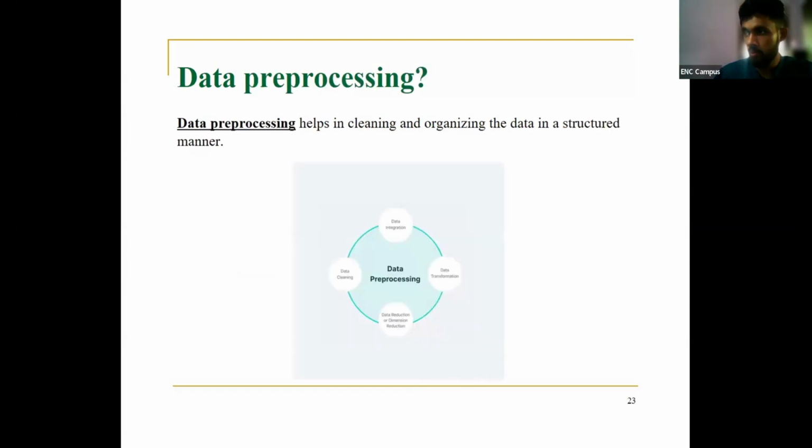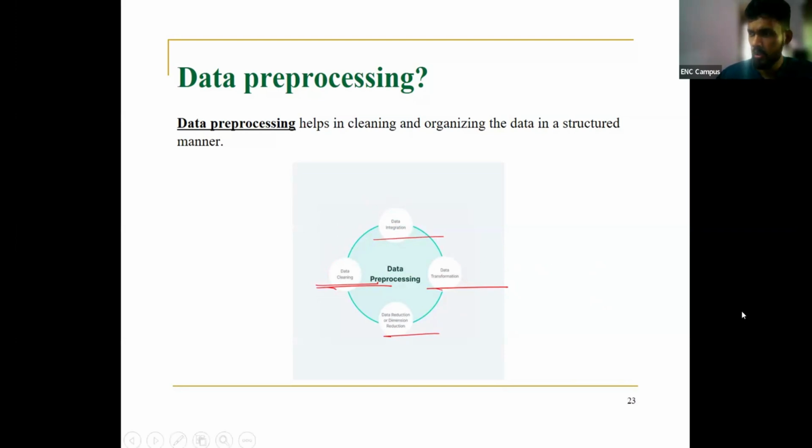The steps involved in data pre-processing are data cleaning, data integration, data reduction, and data transformation.